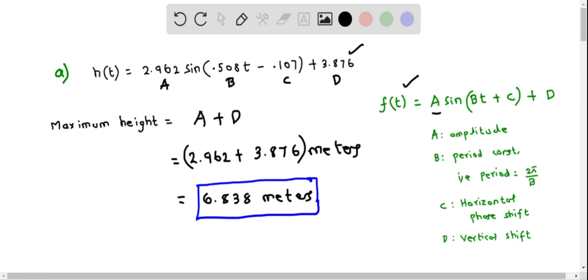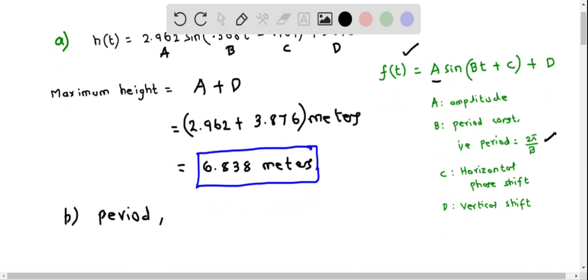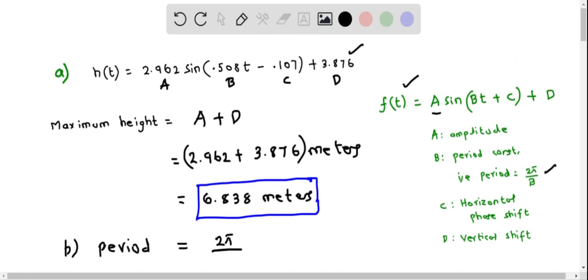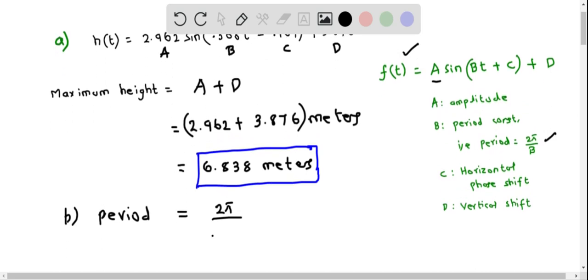Now let's answer part B. That is, we determine the period of the sinusoidal function. We know that the period is given by the formula 2 pi over B. So I write period, and this equals 2 pi over B. B here is 0.508, so I put 0.508.